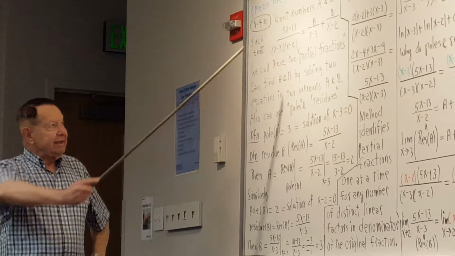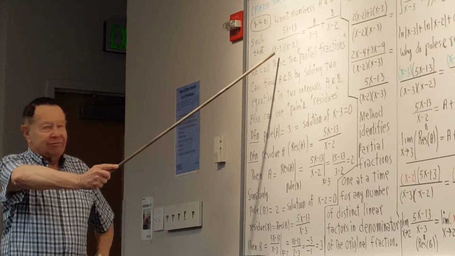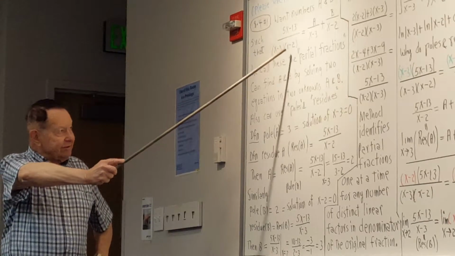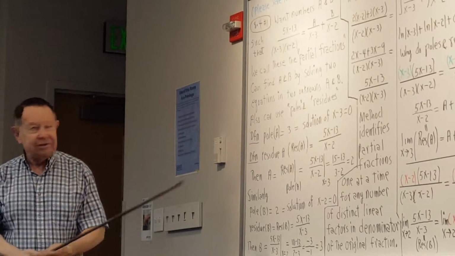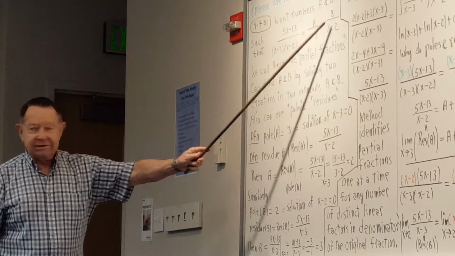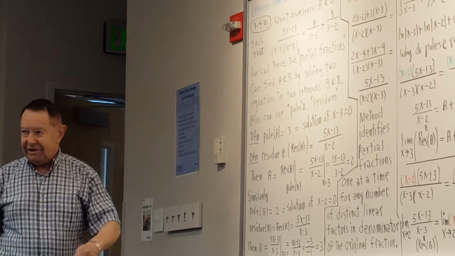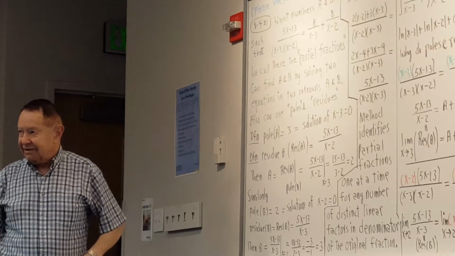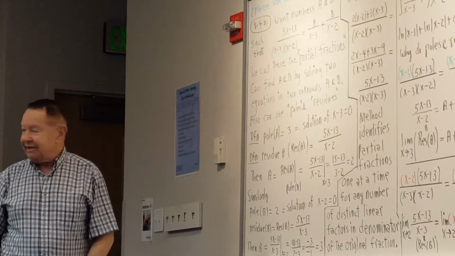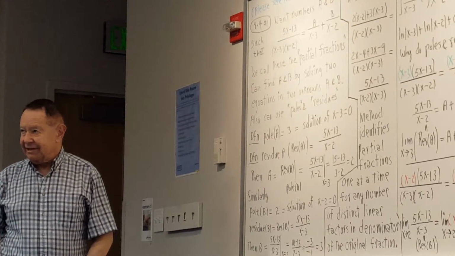Then you can take any other x besides the one you used, and 2 or 3, put that in, and you get a second equation in the two unknowns, A and B, and then you can solve two equations and two unknowns. Well, that's certainly easy enough to understand, and that's what the book's selling.